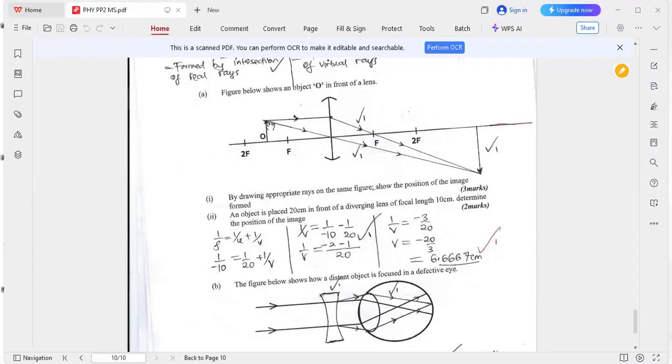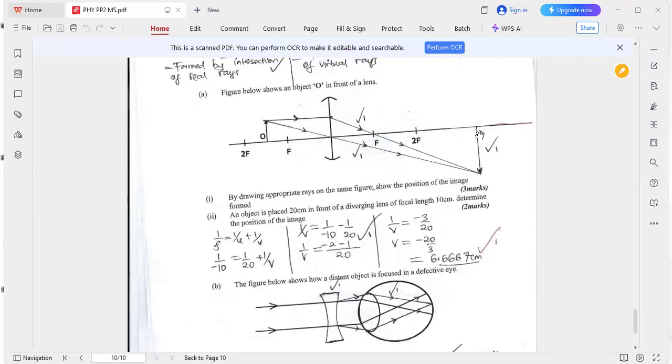The first rule that we use is a ray parallel to the principal axis is refracted through the principal focus on the other side. So it comes this way. The second rule is a ray through the optical center is not refracted, so it goes straight.